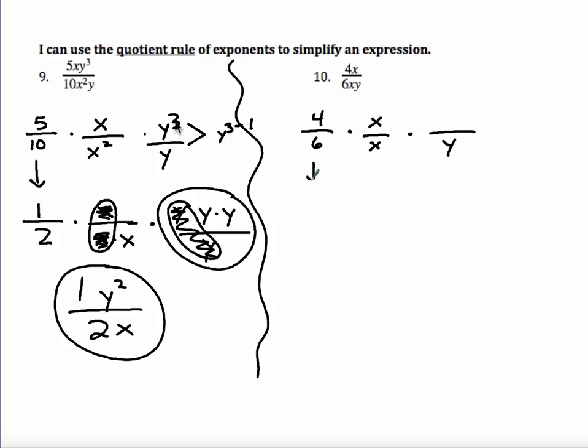The first thing I'm going to do is simplify this fraction. 4 over 6, I can take a 2 out of each. 4 divided by 2 is 2. 6 divided by 2 is 3. Then I notice right here I've got x over x. Those are both going to cancel, so there are going to be no x terms in my answer. And for the y term, it's on the bottom and it's staying on the bottom. There's no reason to change it. There's nothing that will cancel it. And so I'm done right there.